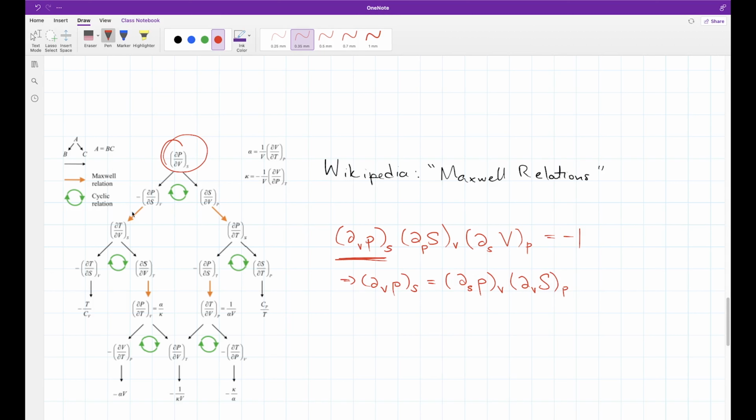Then, using the Maxwell relation, we can turn this object into this object. And in fact, the one that I just showed you is the one where we fix partial S, partial V, and partial P, partial T. So this is the one that we just saw.